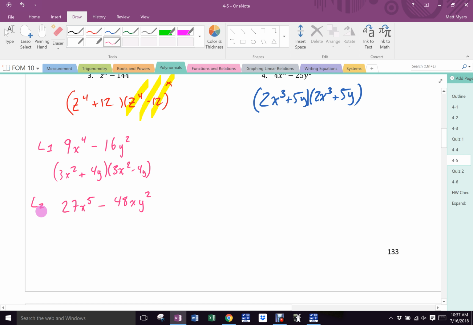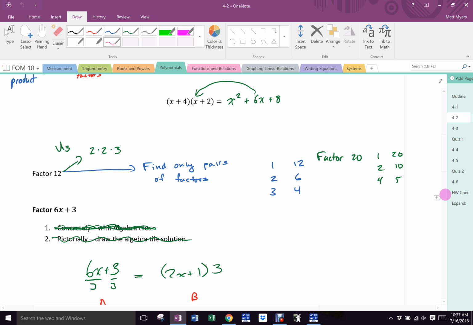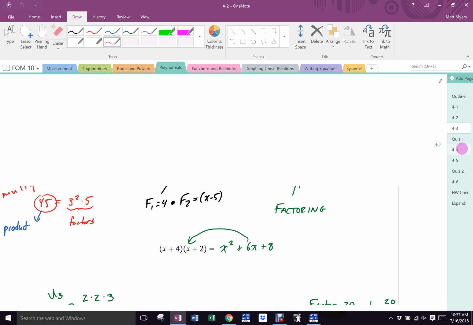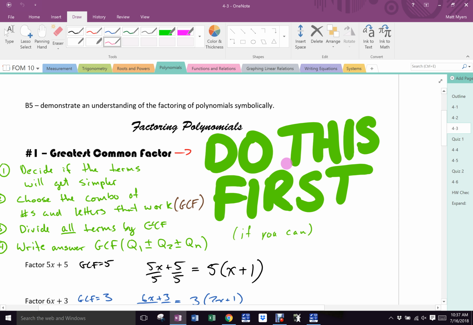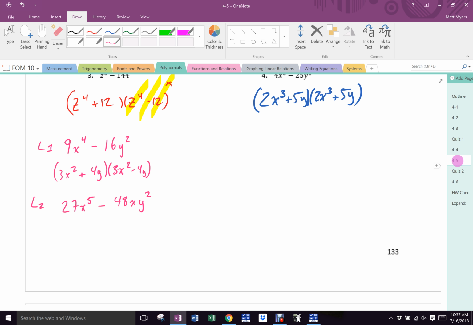This is level 2 of trickery. What would I do? Pardon me, Charlotte? They don't have square roots. Isn't there something we're supposed to do first? Let's go back to where we were. Does that help us?